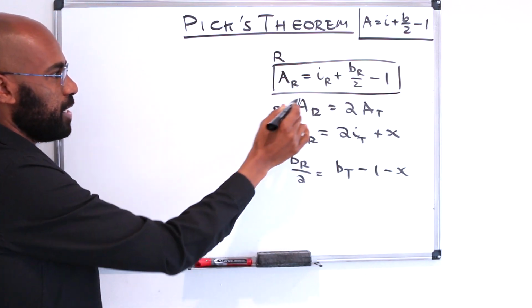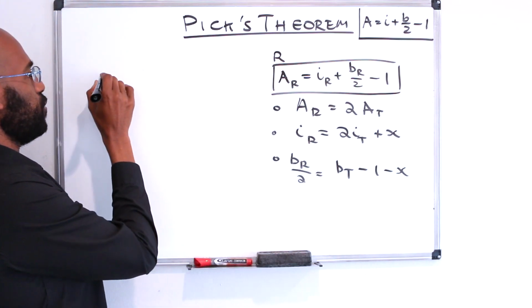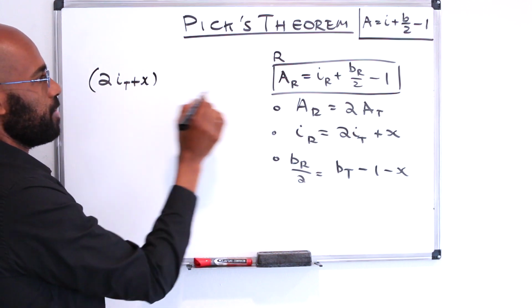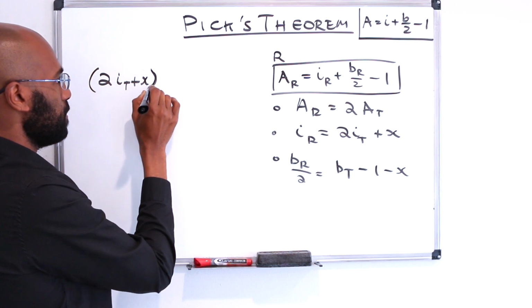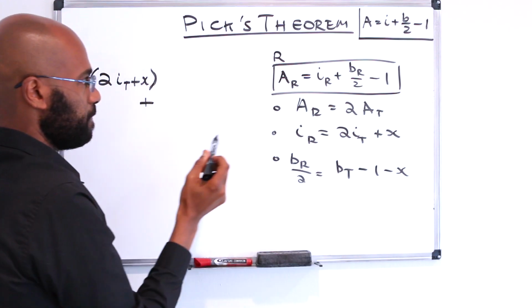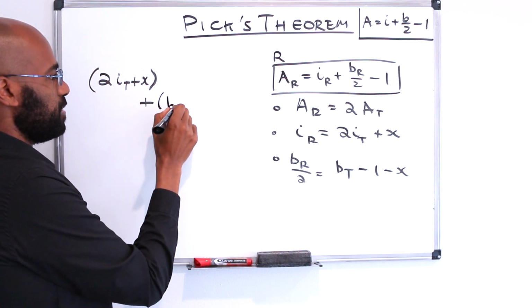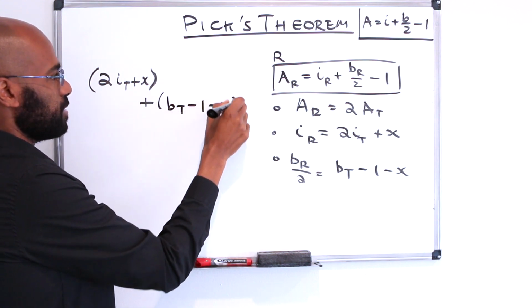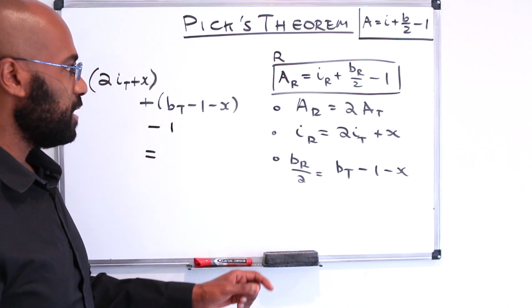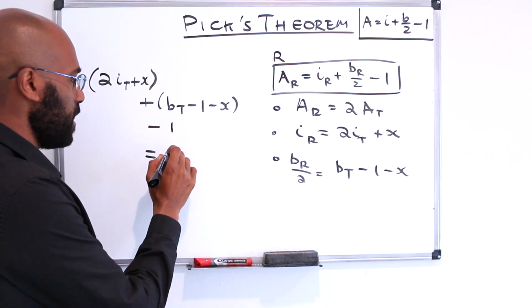So the relationship we get then is that 2 times the number of interior points of T plus X plus this quantity over here, BT minus 1 minus X, minus 1 has to equal the area of R, which is twice AT.